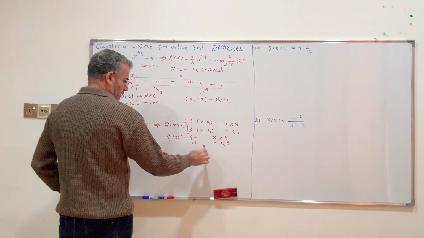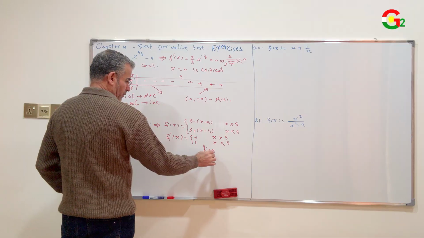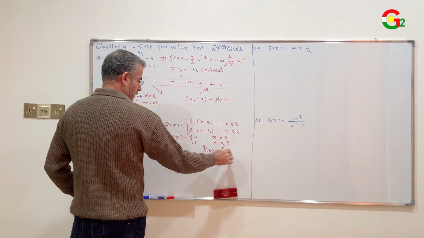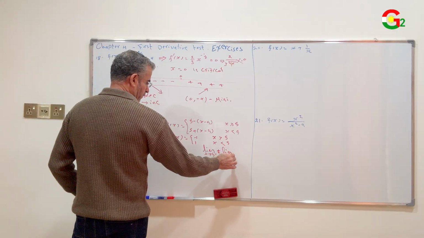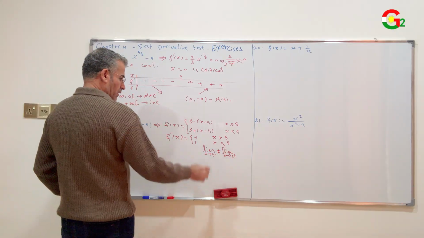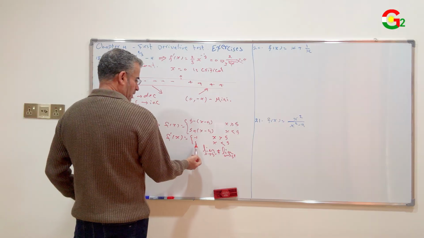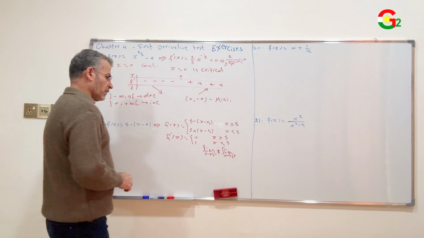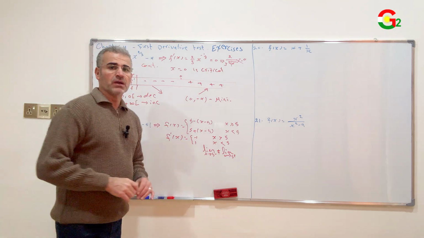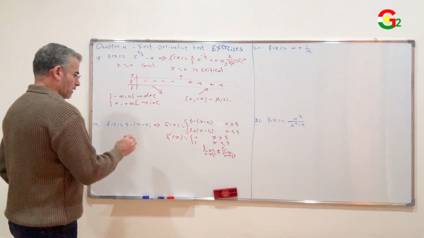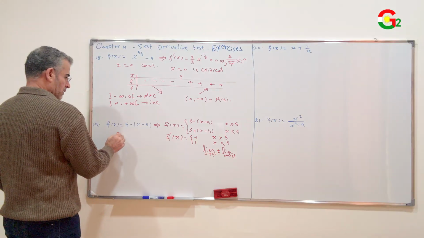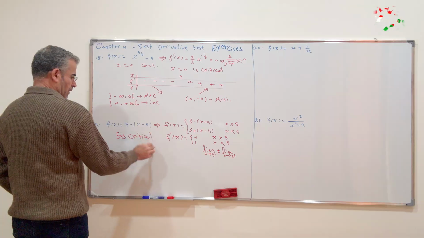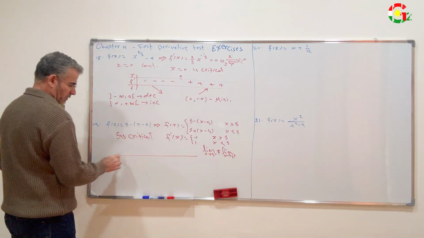The limit when x approaches 5 from the left is not equal to the limit when x approaches 5 from the right, because from the left it is 1, from the right it is negative 1. Therefore, the function is not differentiable at 5. Therefore, 5 is a critical point for this function.